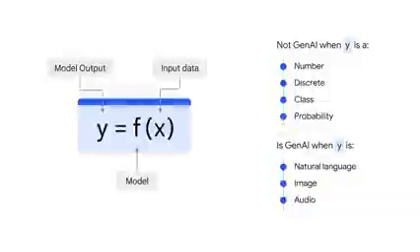Visualizing this mathematically would look like this. If you haven't seen this for a while, the y is equal to f of x equation calculates the dependent output of a process given different inputs. The y stands for the model output, the f embodies the function used in the calculation, and the x represents the input or inputs used for the formula.